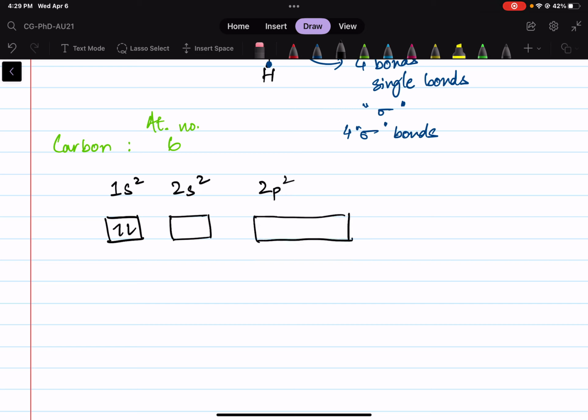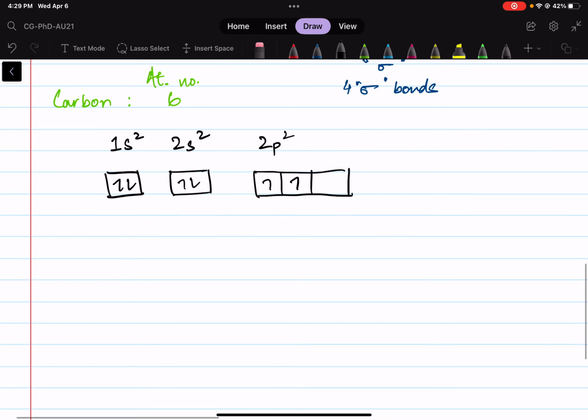So now you'll see here that these two electrons are paired. These two electrons are paired, but there is only availability of this little guy and this little guy. So in a way, there are only 2 electrons available to pair. But then we know that CH4 forms 4 bonds. So where do the 2 other electrons come from?